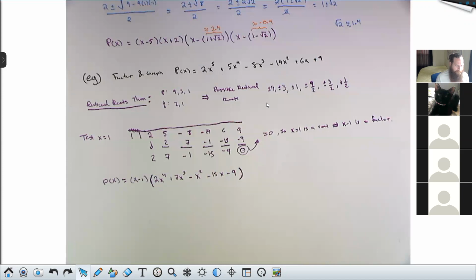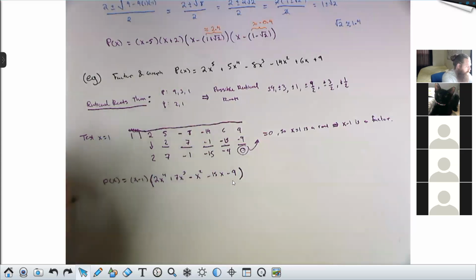Let me allude to a possibility here. It is possible that 1 would work again, right? It's possible that there's another factor of x minus 1 in here. So let's check that. Let's see if I can rule 1 out.